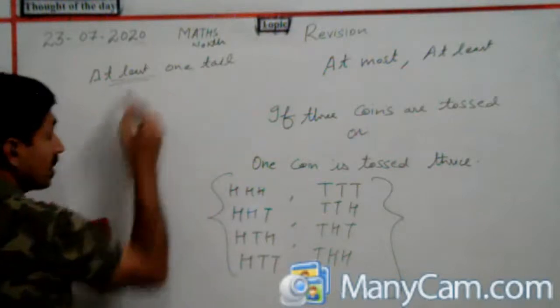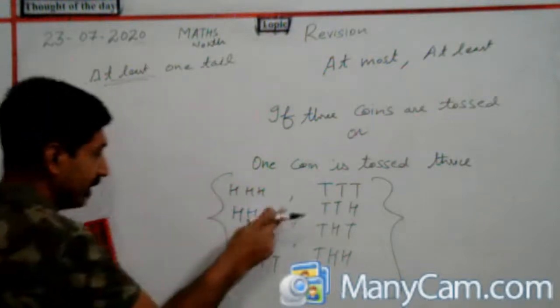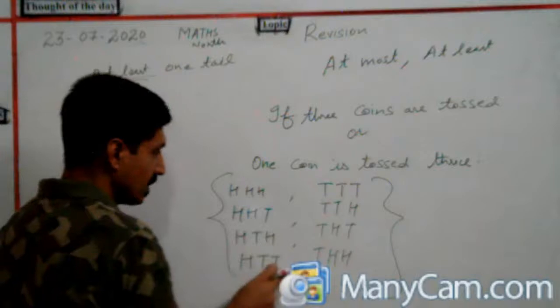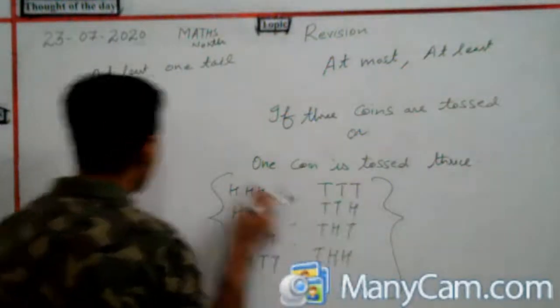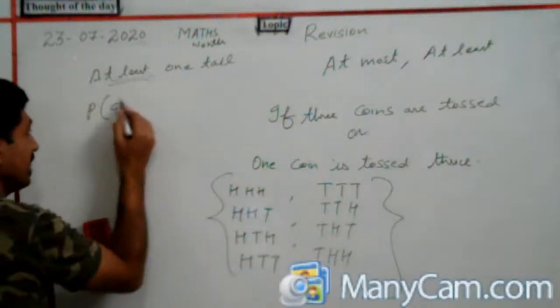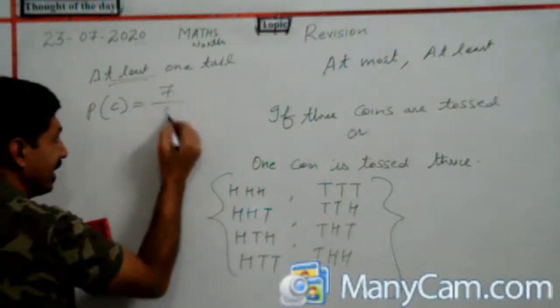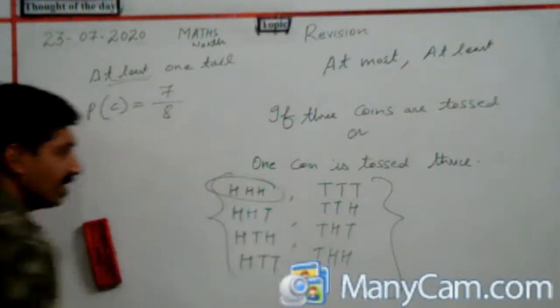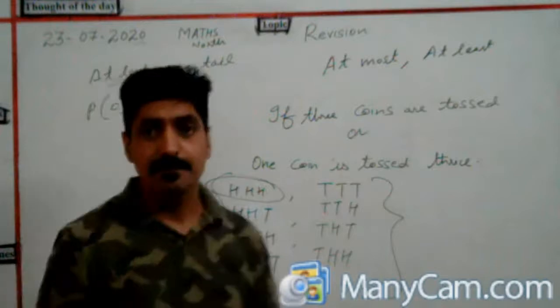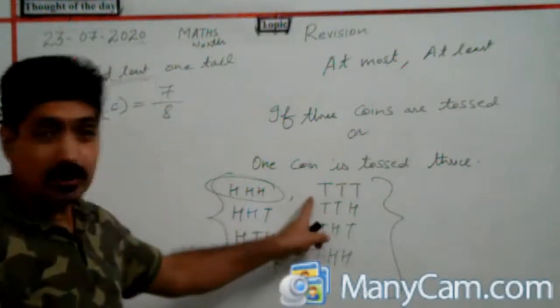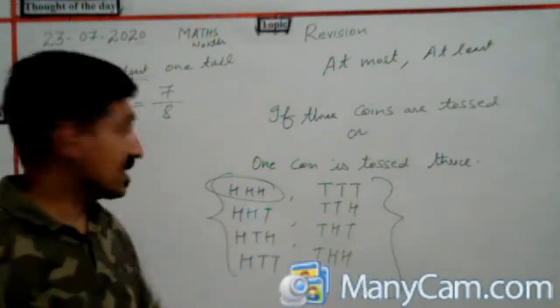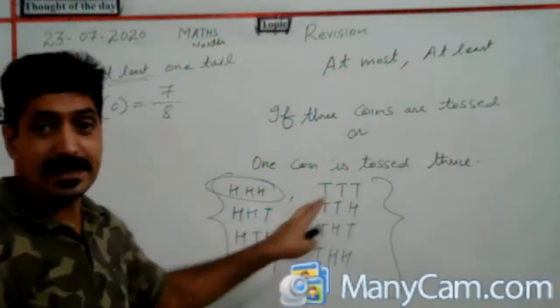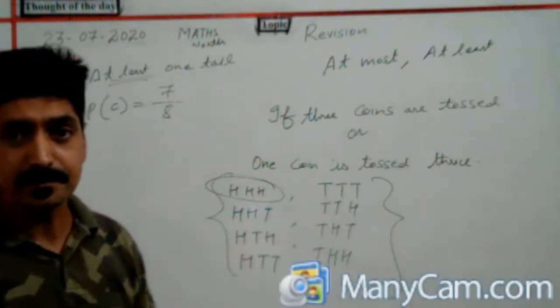At least means no tail, 1 tail is here, 1 tail is here. So here the probability of the event C is equal to 7/8. Except this all-head outcome, all these favorable outcomes, we have these 7 with tails, right?